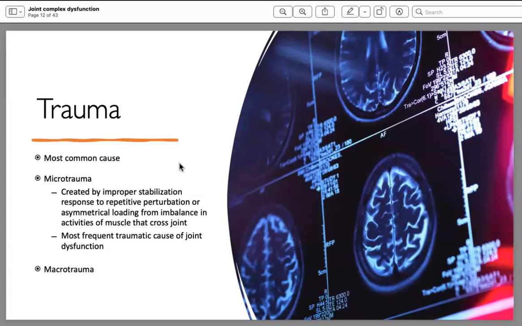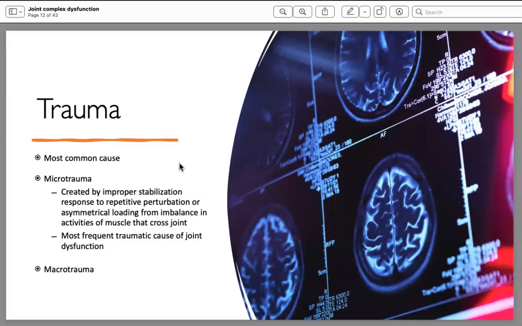So those micro trauma just from daily movements overall that might be less than ideal. Maybe you're always picking up your books off the floor by hunching over and rounding your back every single day. That's repetitive micro trauma over time.